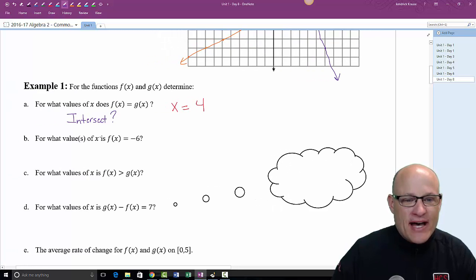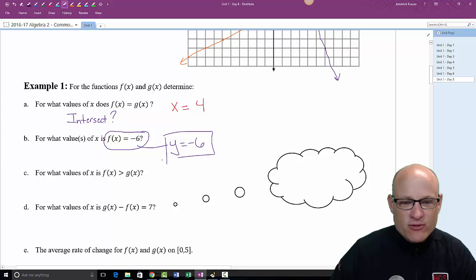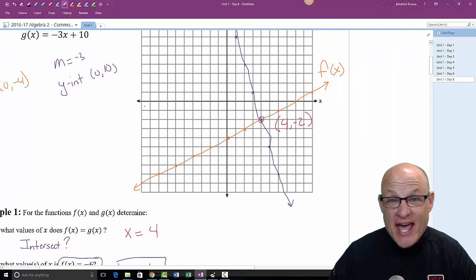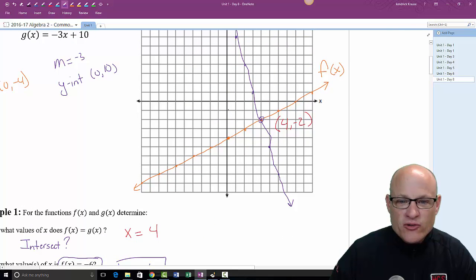So for what values of x does f of x equal -6? What does this really mean? This really means we're looking for a y value of -6, and we want to know what the x value is. So we need to find a y value of -6 on the f line. This is -1, -2, -3, -4, -5, -6.